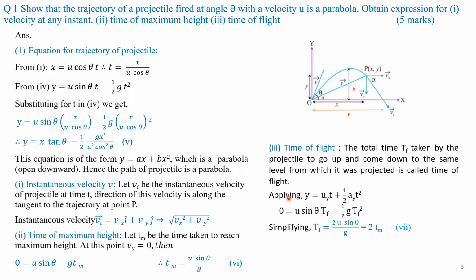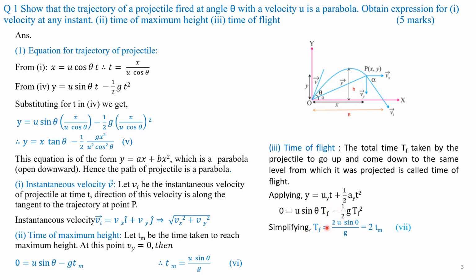Applying y is equal to ut plus half at square, that is y is equal to uy into t plus half ay t square. Therefore, y is 0. Therefore, 0 is equal to u sin theta into Tf minus half g Tf square, because uy is equal to u sin theta and t is Tf.